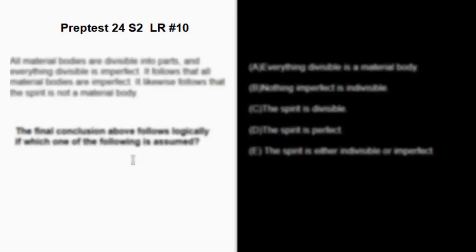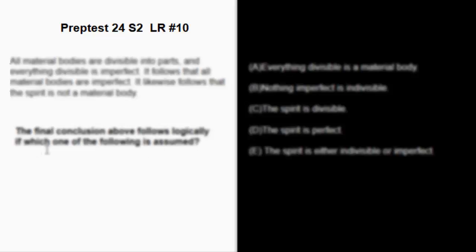Okay, so let's take a look at the prompt. It says the final conclusion above follows logically if which one of the following is assumed. So how do we know we're dealing with a sufficient assumption? Well, there are key indicator words that signal to us that this is a sufficient assumption versus a necessary assumption. The word "if" is functionally the same as sufficient.